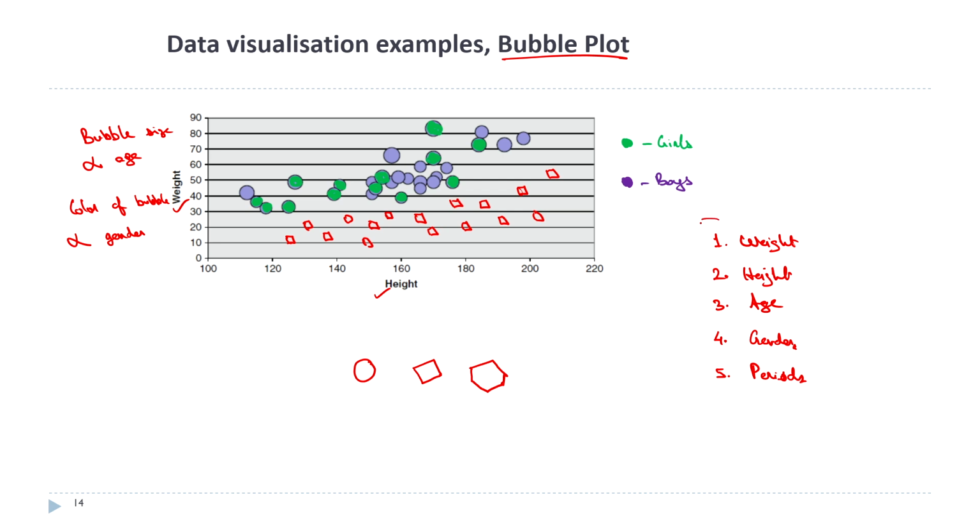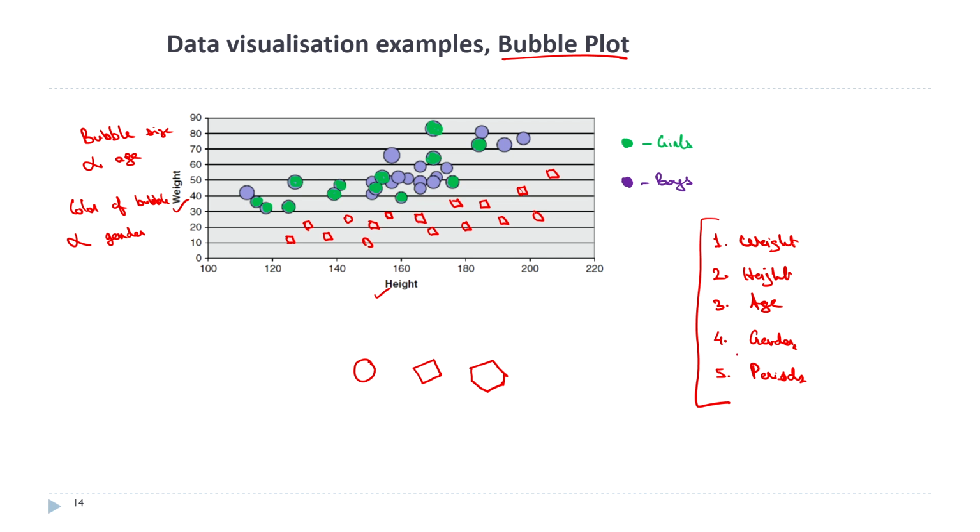So, we have 5 different variables in a single plot, where simple scatter plot was here, where only 2 variables were there, height and weight. We added age as a bubble size, we added color of the bubble as the gender, we added shape of the bubble as another variable for different period, right, maybe period 1 and period 2. So, this is period 1 and this is period 2, so on.